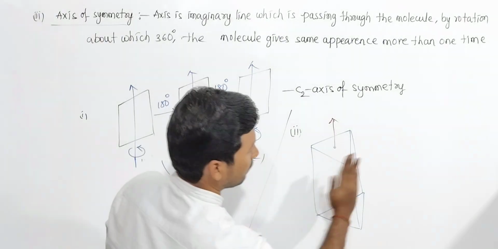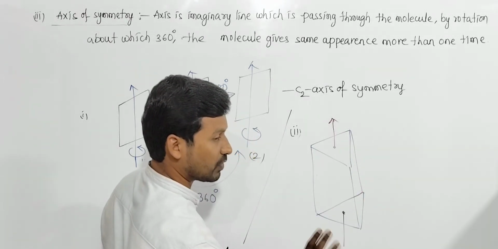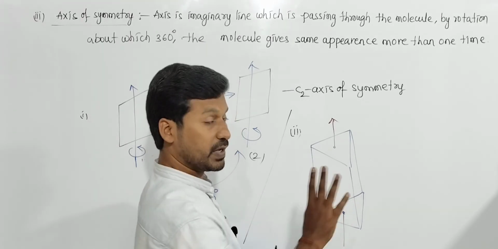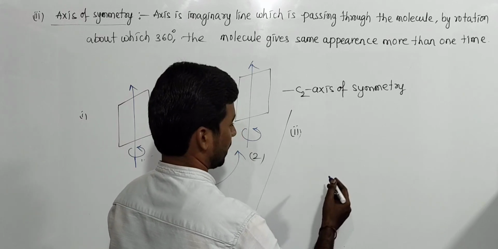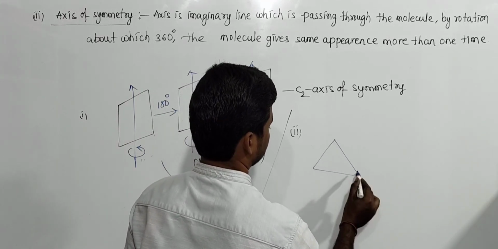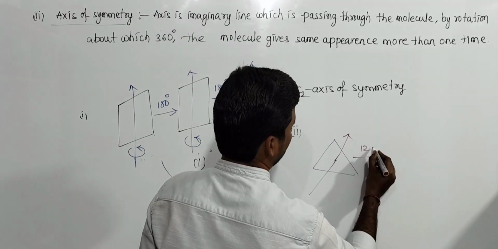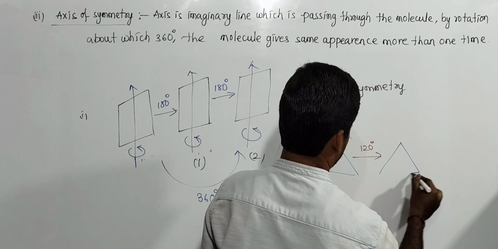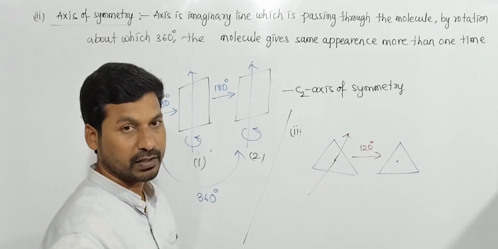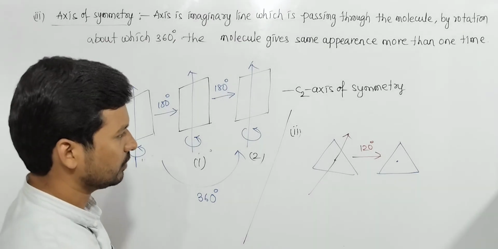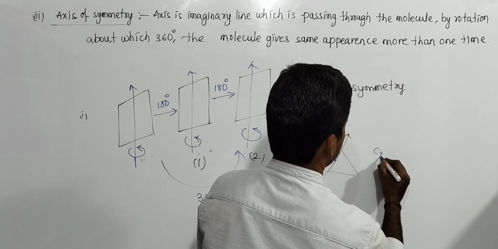By rotation of 120 degrees, same appearance, again 120, same appearance, again 120, total 360. In 360 it gives the same appearance 3 times. So the molecule is said to contain a C3 axis of symmetry.